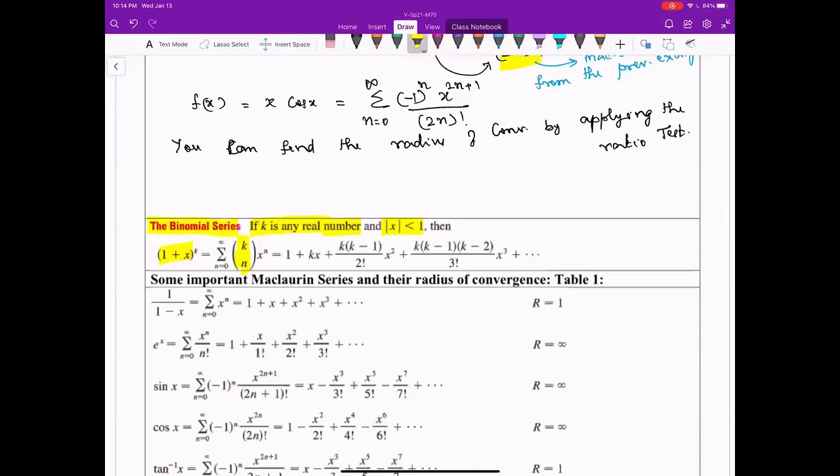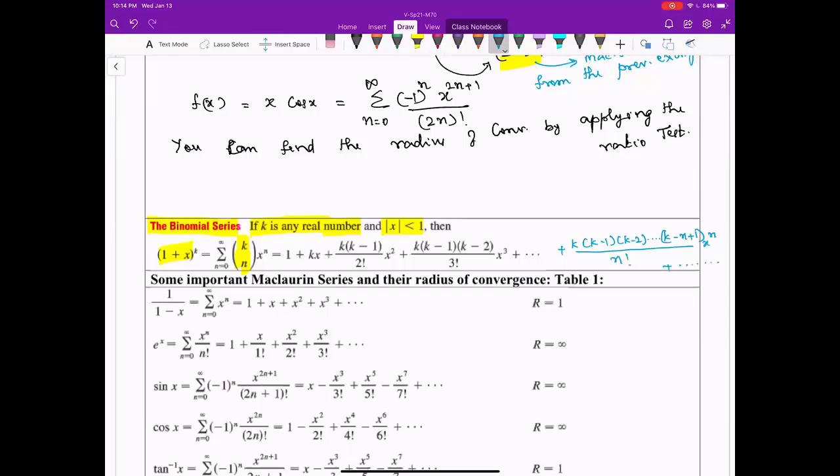If I write the generic term, I will write this as k times k minus 1 times k minus 2, and so on, up to k minus n plus 1, divided by factorial n, x to the power n, and it goes on and on.